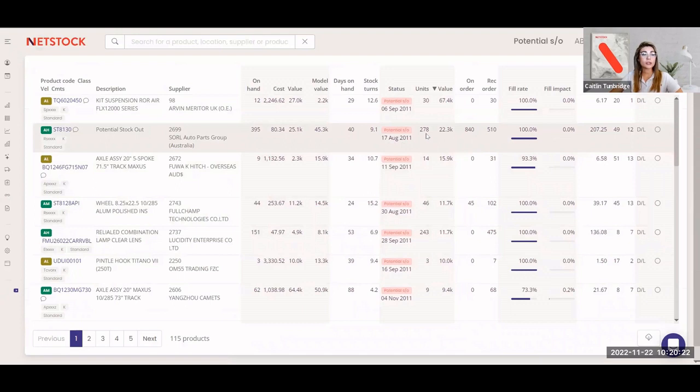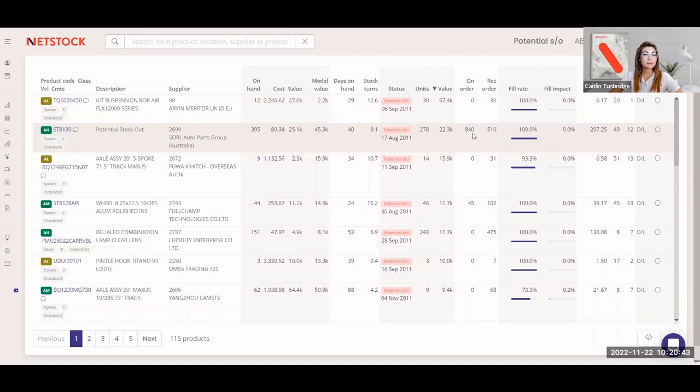We'll tell you how many units you should be getting in before that date to prevent yourself from stocking out. If you're unable to source the stock, we'll tell you what your predicted lost sales value would be. And if you have any stock already on order, then you'll see what that value is. And then if you need to place a regular order on top of this, we'll also tell you how many you should be ordering.